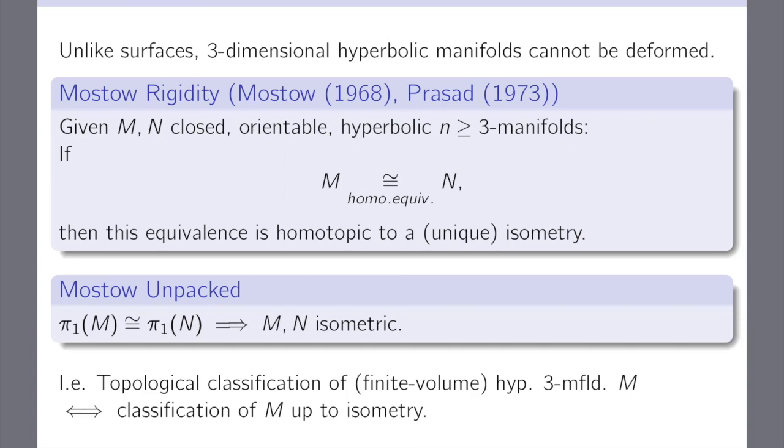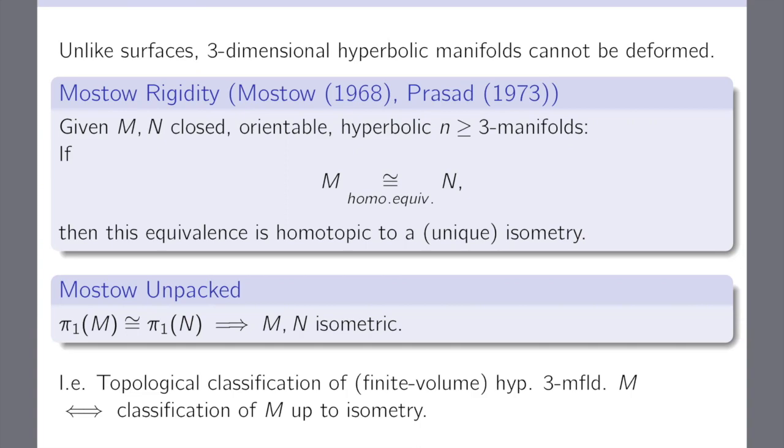Okay, so very different from the slide where we had topology and geometry in terms of Euclidean space. In hyperbolic space, if two manifolds are homotopy equivalent, they are the same, okay? We didn't see that at the beginning of the talk. They're isometric, okay?